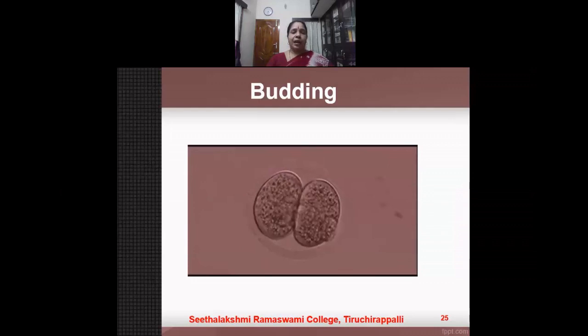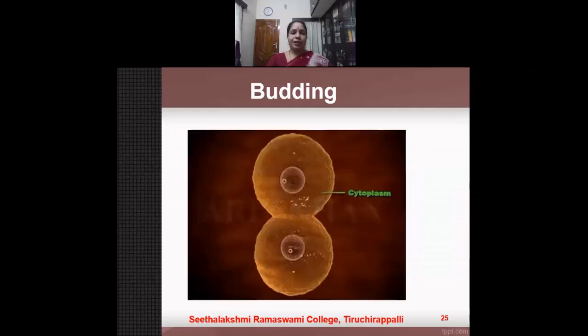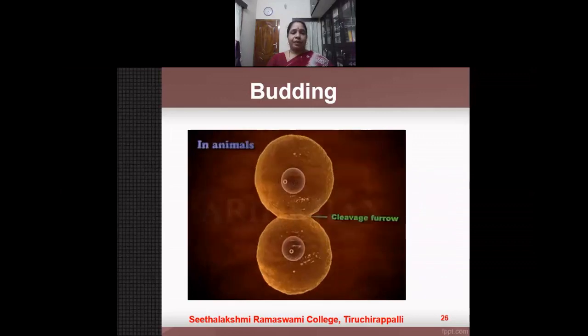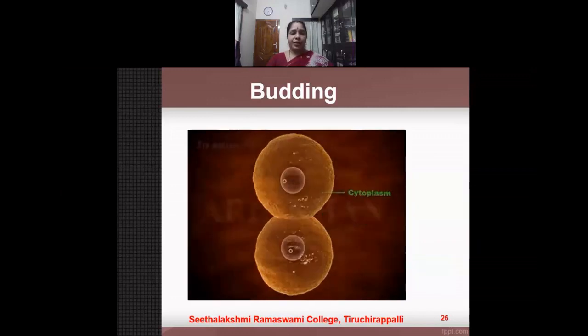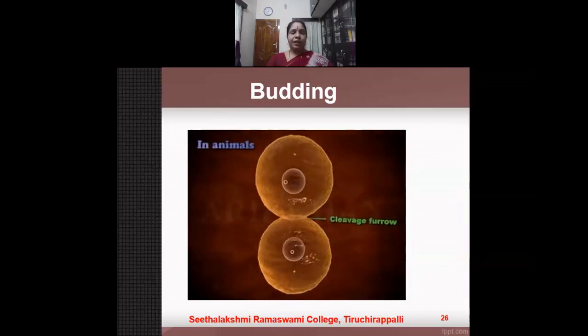So a single cell has divided into two cells. There is a cleavage formed between the two cells and they divide into two daughter cells. They have different sets of nucleoid and cytoplasm.